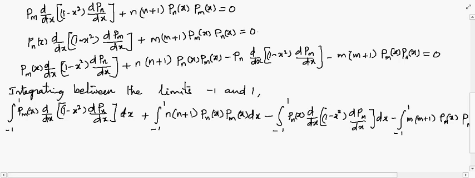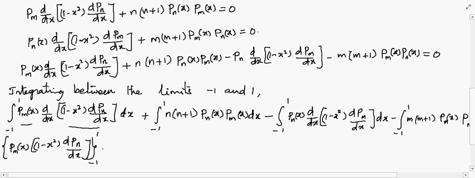By taking v as this term and u as this term, the first term will be uv, hence we get Pm(x) (1 - x²) dPn/dx between the limits -1 to +1, then minus the integral from -1 to 1 of v du. So our v is (1 - x²) dPn/dx.